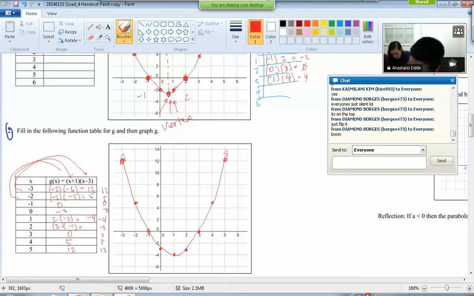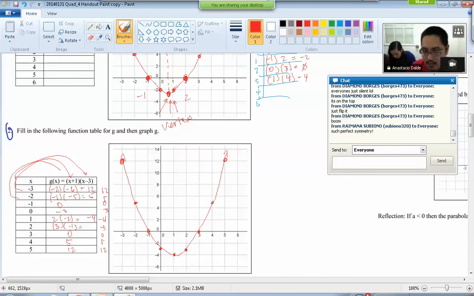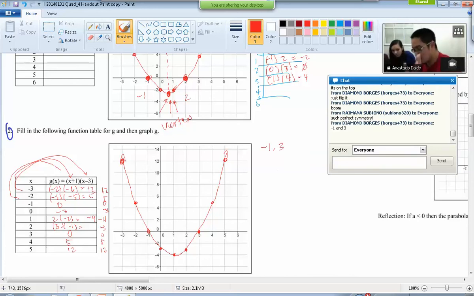Like that. Where are the zeros? Where does this thing cross the x-axis? At negative 1 and positive 3. Which is good, because look, remember what we've been doing? If I said x plus 1 times x minus 3 is equal to 0, I'm saying, when is that equal to 0?